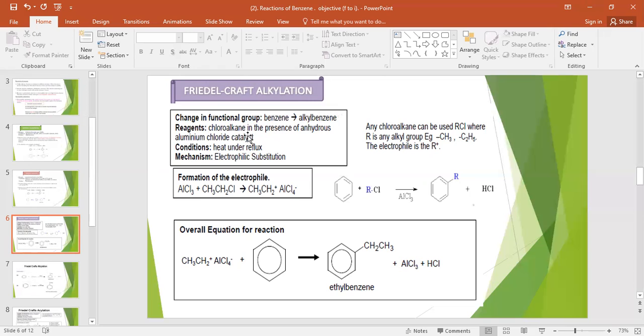The reagent required for this is chloroalkanes, meaning any alkyl group attached to chlorine, in the presence of an anhydrous aluminum chloride catalyst. So what is the catalyst here? AlCl3. The condition required for this reaction is heat under reflux to avoid evaporation. This type of reaction is called an electrophilic substitution reaction. Here you need to pay attention please.